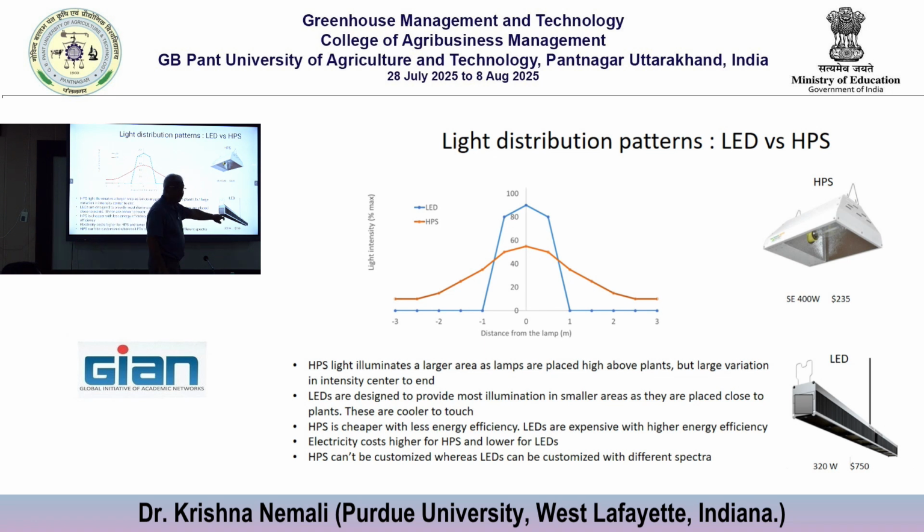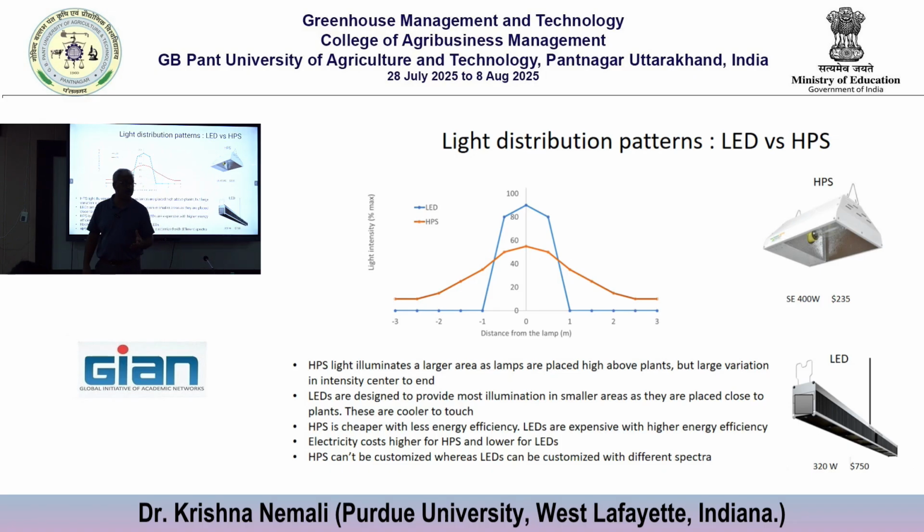On the other hand, LEDs are operated at 100 to 150 watts generally, meaning you have to run these LEDs for 10 hours to consume 1 unit of electricity. 10 times more efficient. So they generate a lot of light with less power.